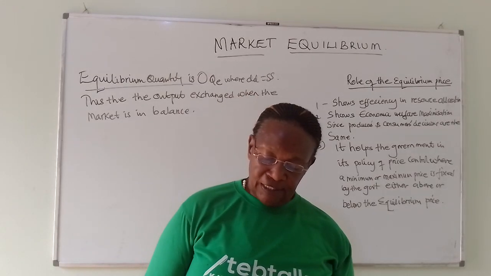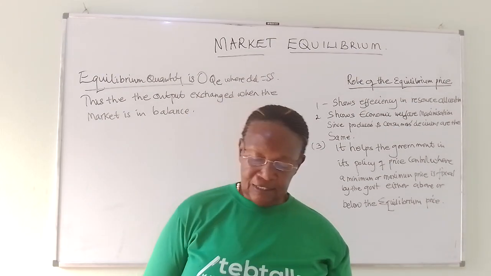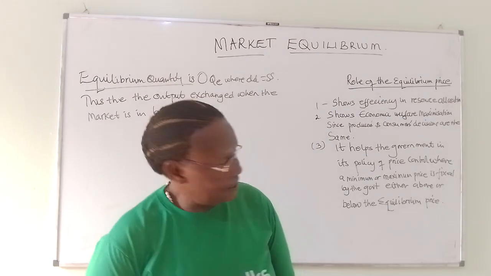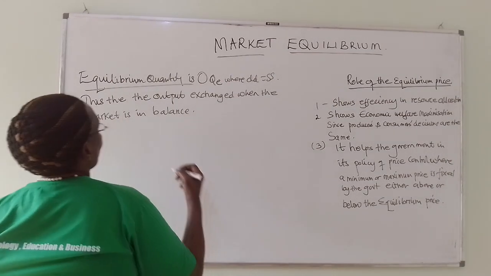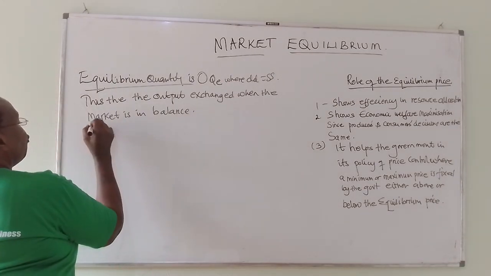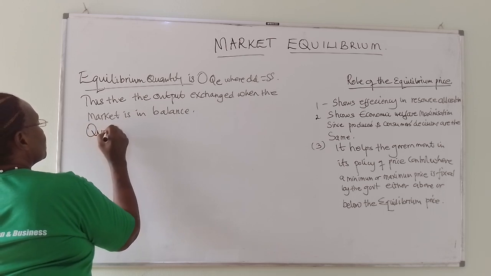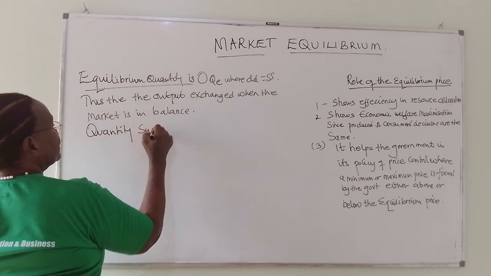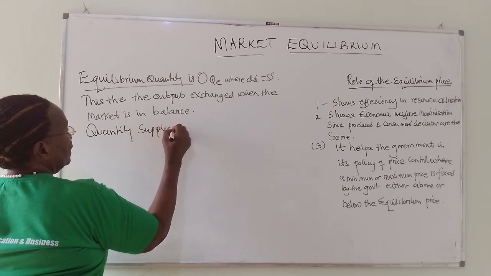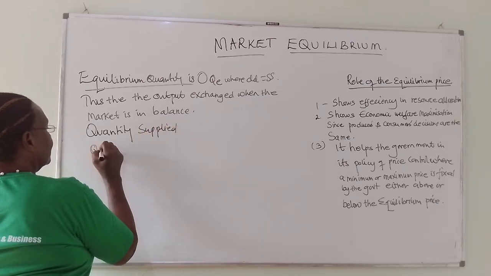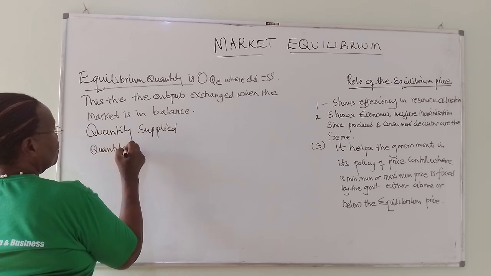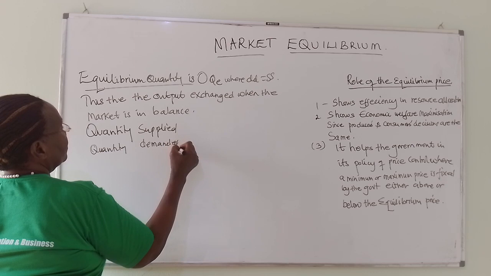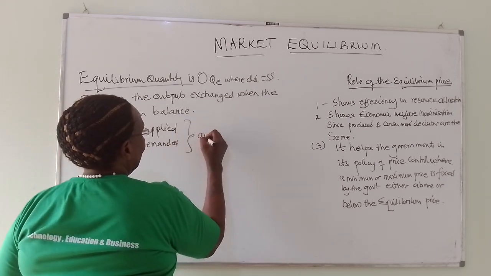So this is the quantity exchanged when the market is in balance, and it means that the quantity demanded and the quantity supplied are equal. So here we are looking at quantities. One quantity is supplied, and another quantity is demanded, and you find that both of these are equal.